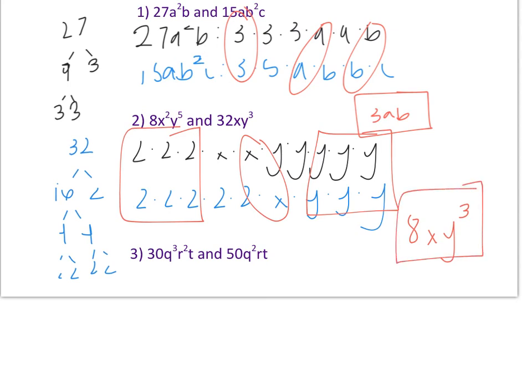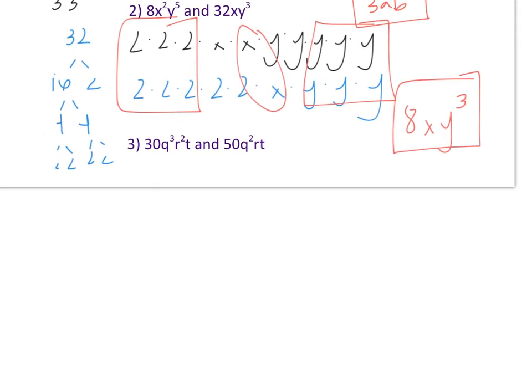All right, last one here. 30q to the 3rd r squared t, and as we get better at these, we can start to do some in our head. 30 breaks down into what? 2 times 3 times 5 times 3 q's, 2 r's, and a t. And 50 breaks down into 25 and 2, and then 25 breaks down into 5 and 5.